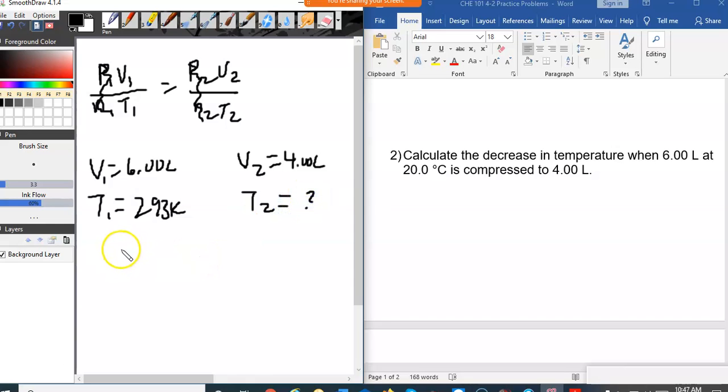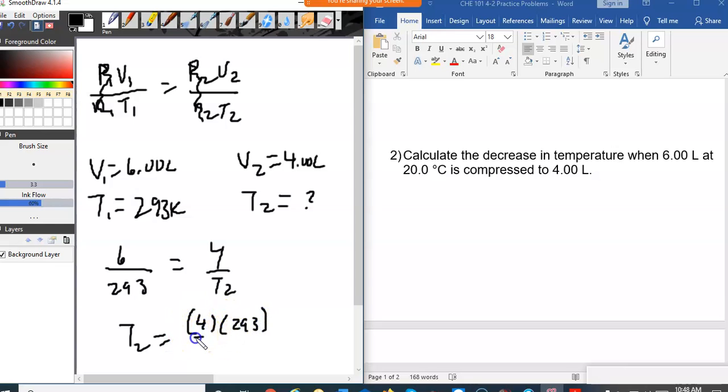All right, so 6 divided by 293 equals 4 divided by T2. Solve for T2: T2 equals 4 times 293 divided by 6. And whose law is this? Charles? Yep, Charles' law.